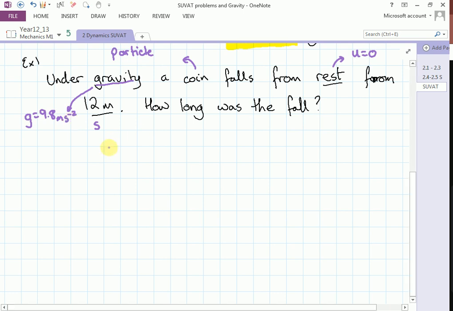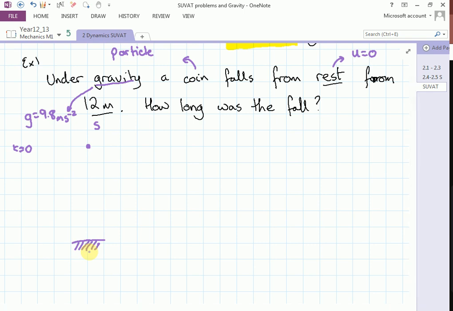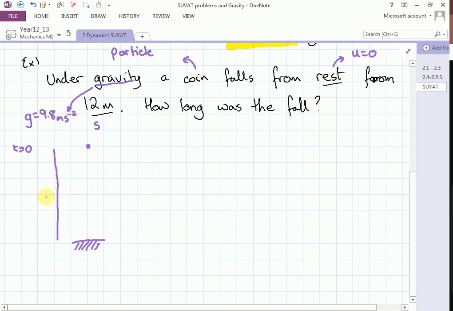Right, so if you overcomplicated your number, you can cause yourself small problems. So let's draw a picture. The first thing is I've got my particle at the start. I'm going to say this is at time equals 0. And it begins falling to hit the ground after 12 metres. I'm an engineer, so to say ground, we normally put cross-hatching. What happens is the distance. We know the distance there is 12 metres. And we know at the top here, our u is 0.